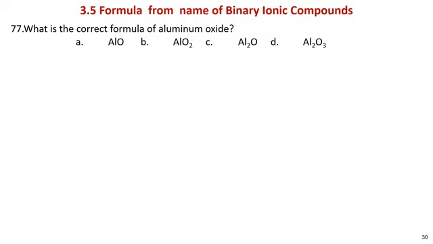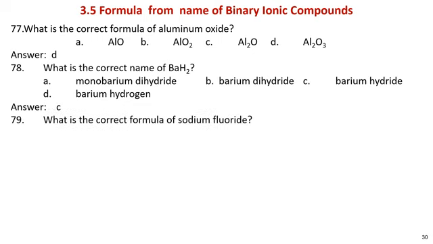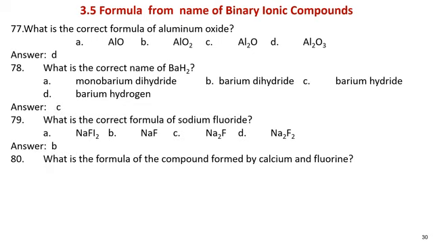So you get Al2O3. It's D. These are similar questions. You go back and do them. If I go through each and every one, we may not have time. So I have to move on.